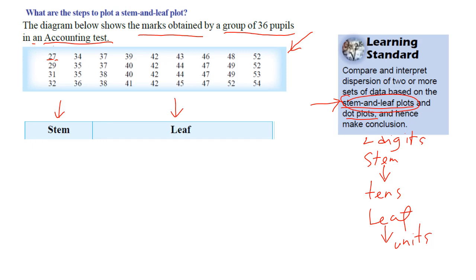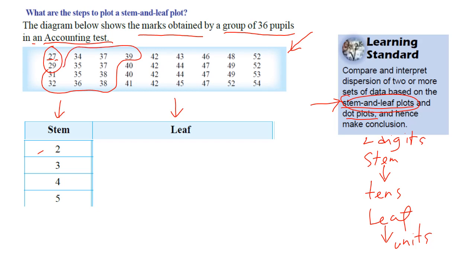You see this one, 27 and 28. For the stem, you take the tens. That means this one, 2. And for the 30s, you take 3.